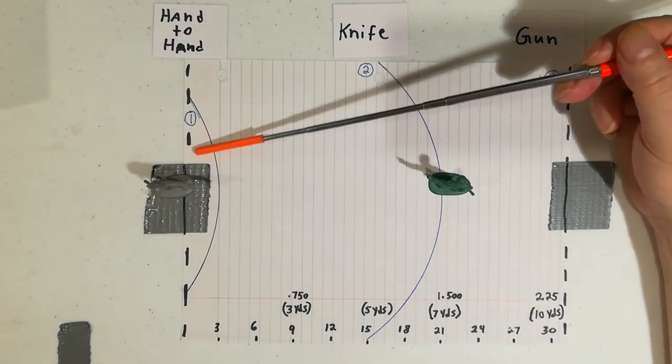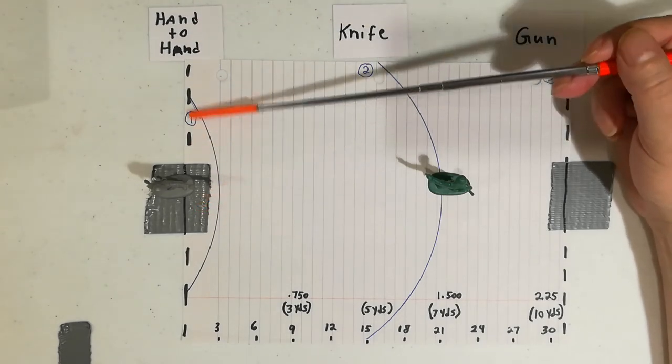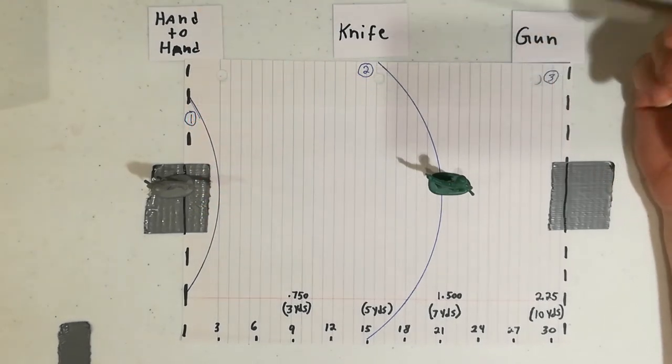So that goes to show you, if law enforcement needed to focus on hand-to-hand within 1 yard, then so do we and other people too.